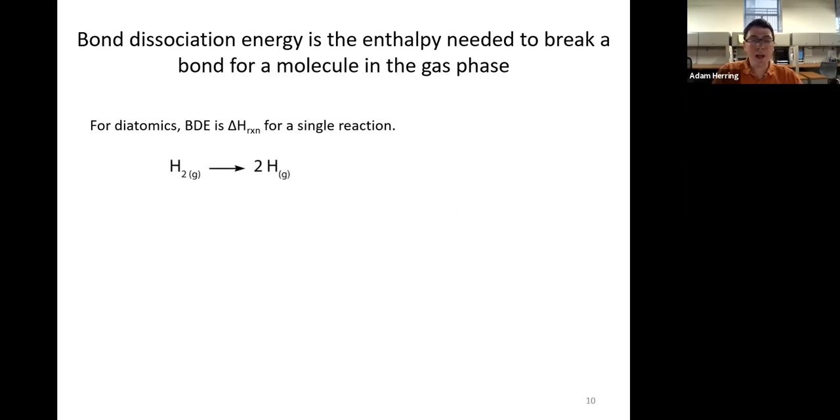So we take hydrogen, we split it apart into two hydrogen atoms. The energy required for that reaction to occur is equal to the bond dissociation energy. And the reason for that is because there's only the one bond within the molecule.